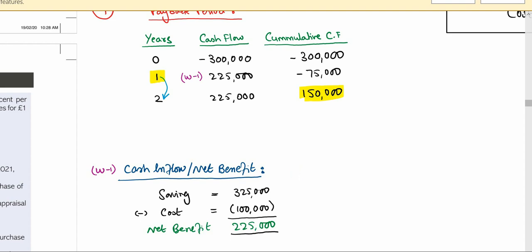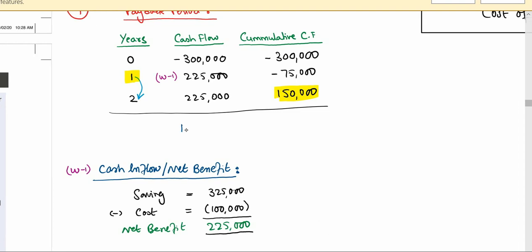Okay, so for the calculation of payback period, it will be 1 plus 75,000 divided by 225,000, into 12 to convert it into months. Yes, so what is the answer?